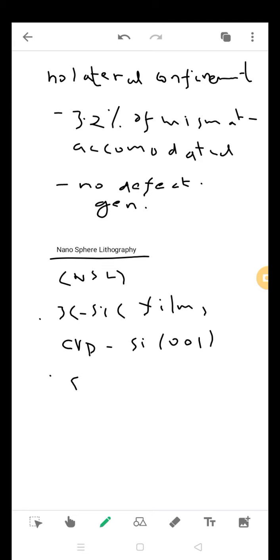Now, silicon carbide is basically hydrophobic, that is, it repels water.